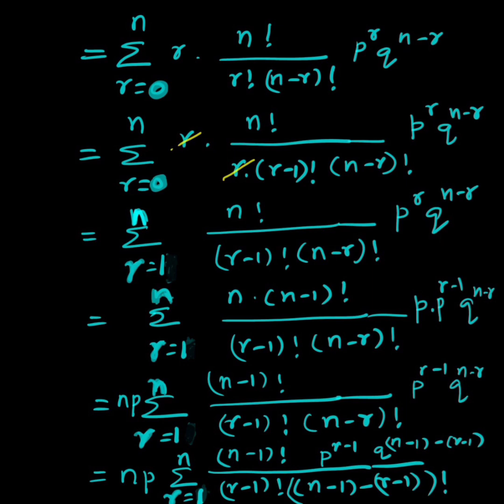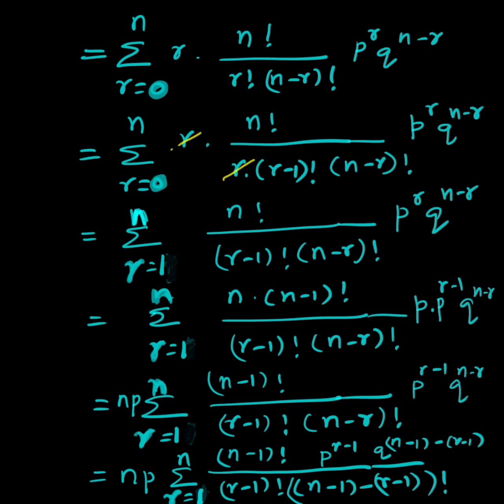We are doing all these modifications because the original summation contains n and r, but instead we want n minus 1 and r minus 1. So we change each and every term in the summation in terms of n minus 1 and r minus 1. P power already contains r minus 1, so there is no problem. The denominator term n minus r and q^(n minus r) are going to be made into terms which contain n minus 1 and r minus 1.